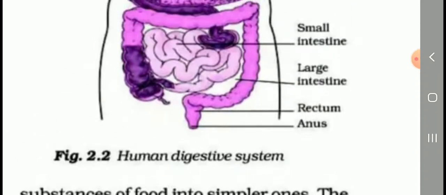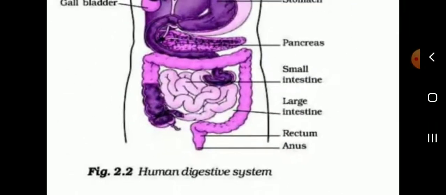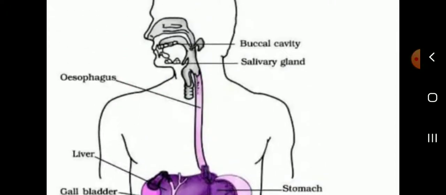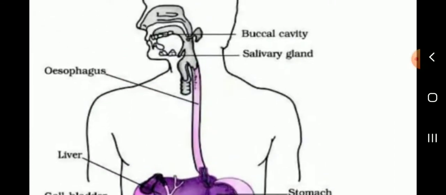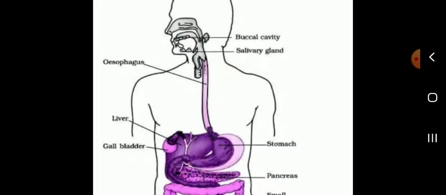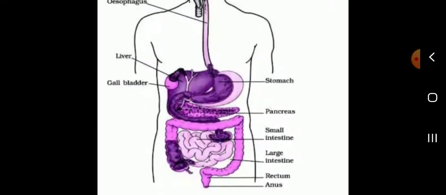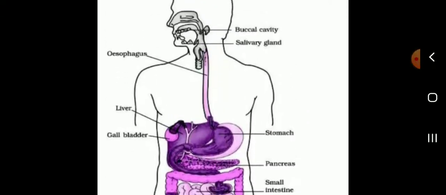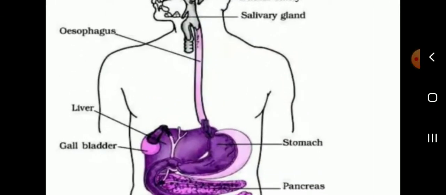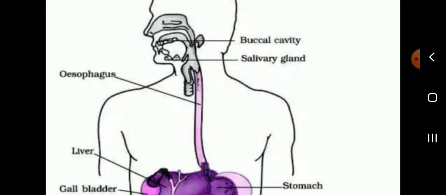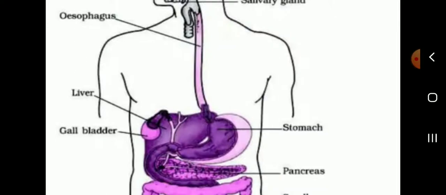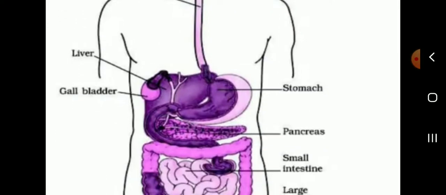Okay, listen, students. See the picture: the human digestive system. What are the parts of the human digestive system? Buccal cavity, salivary gland, esophagus, liver, gallbladder.